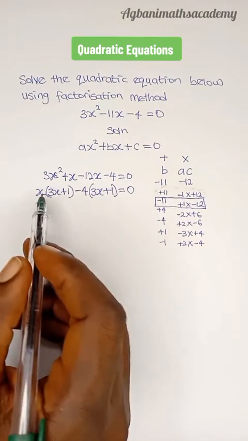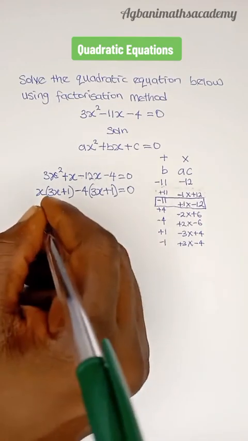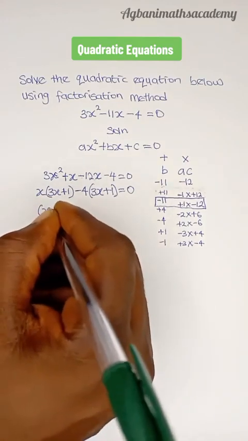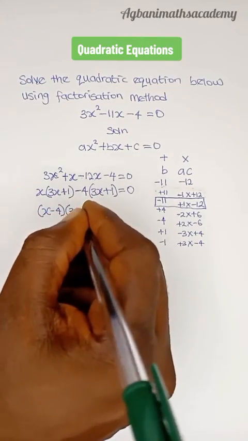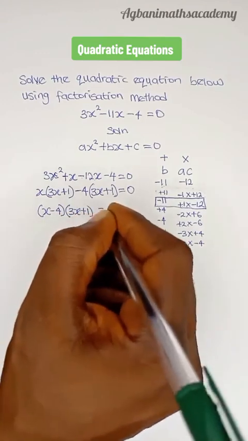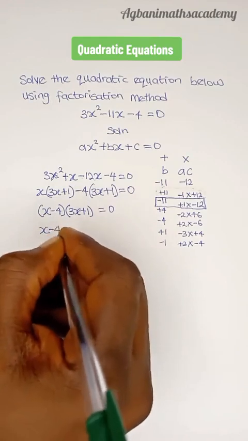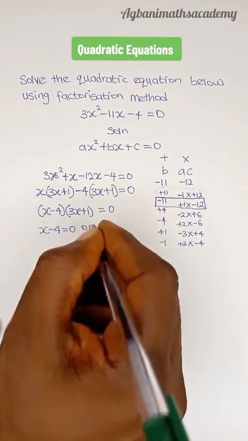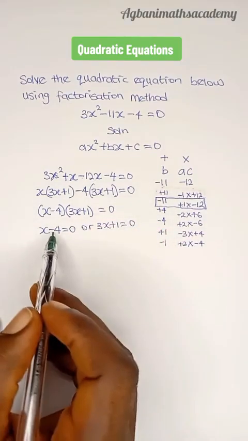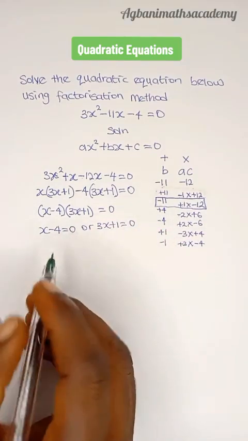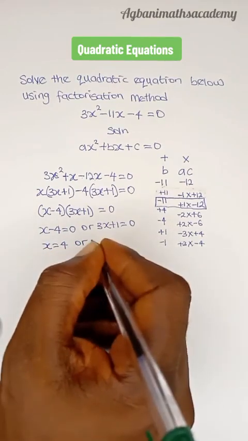The next thing we do is bring the two values outside the bracket into one bracket. So we make a new bracket, x minus 4, and then we pick one of these two to create the second bracket. So we have 3x plus 1 is equal to 0. So we can write x minus 4 is equal to 0, or 3x plus 1 is equal to 0. So when we cross over minus 4 to the right, we are going to get x is equal to 4, or 3x.